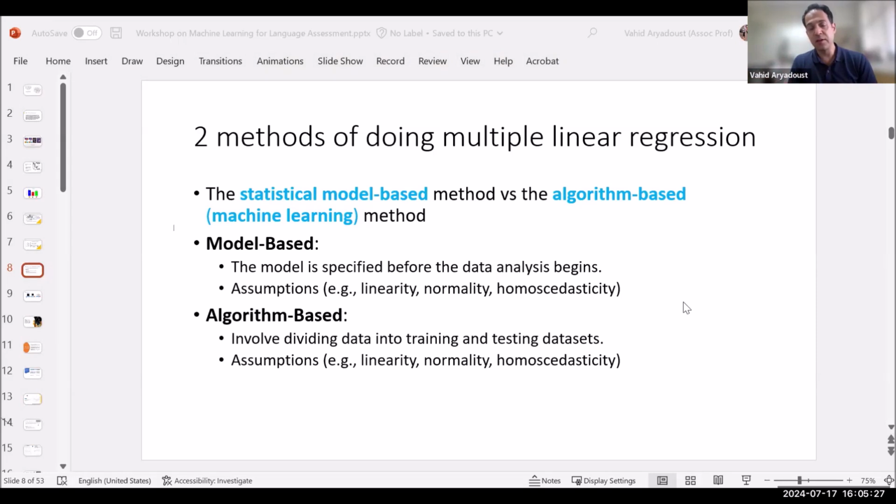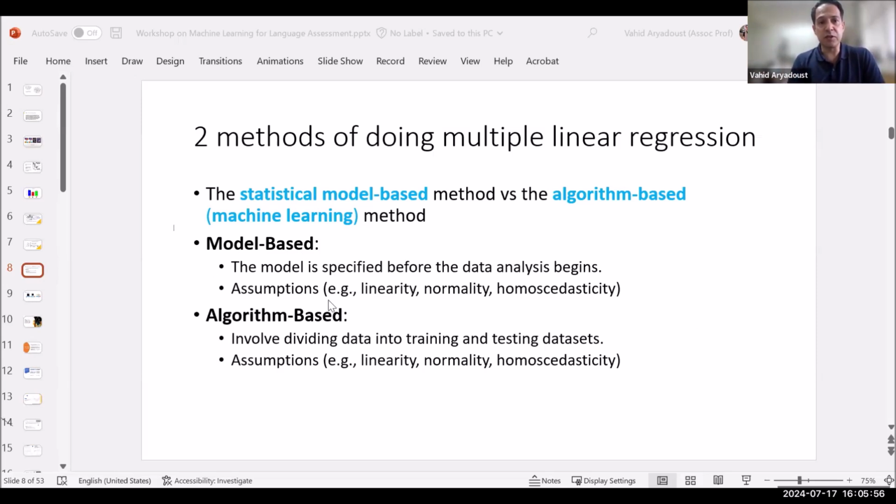And this is, in my view, more important than the conventional way that we do regression analysis for one reason: it not only fits a model to the data, but also allows us to test that model on an unseen data set, which is basically one of the distinctive features of machine learning.